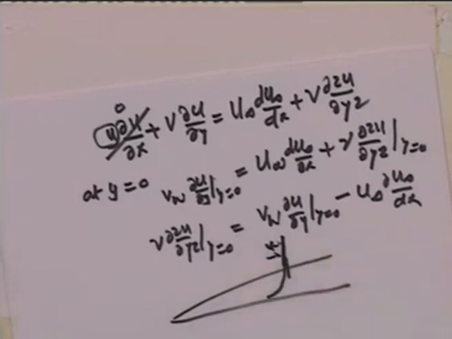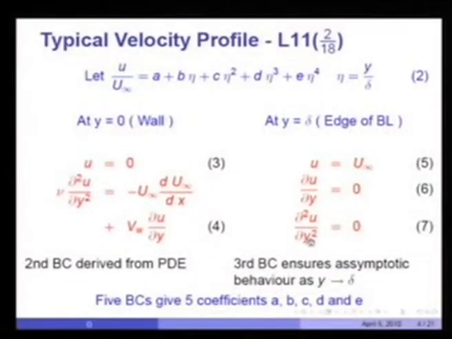Therefore, the last boundary condition is that d2u by dy square will also be equal to 0. So, I have 5 boundary conditions, which will enable me to determine a, b, c, d and e.